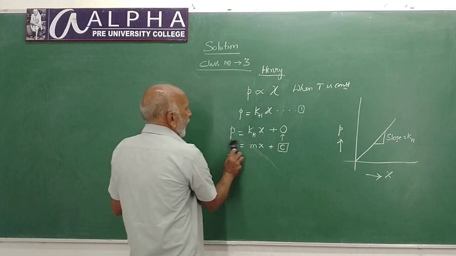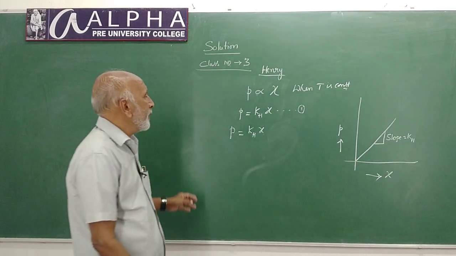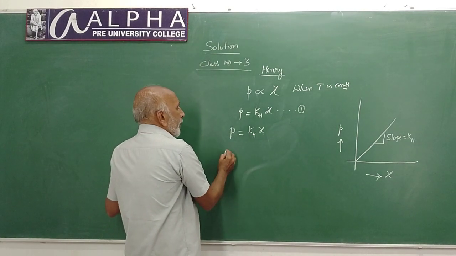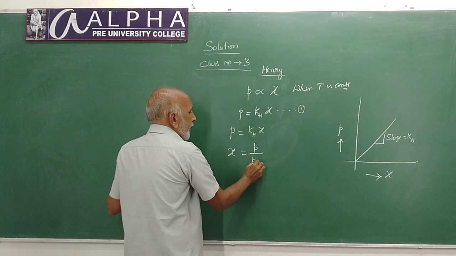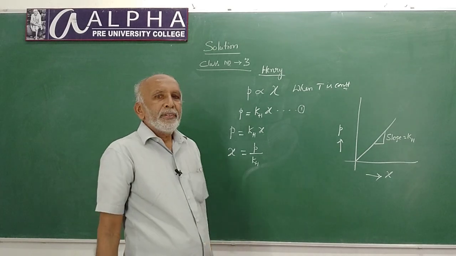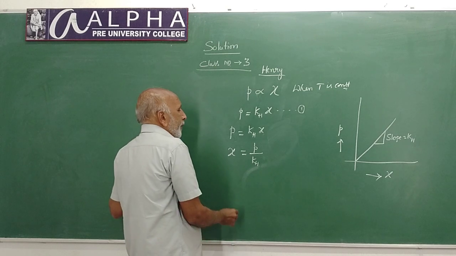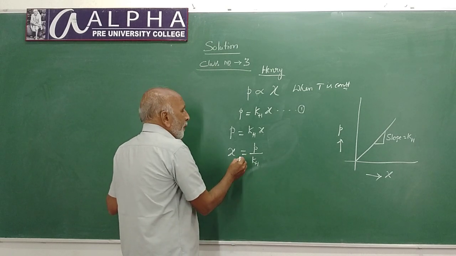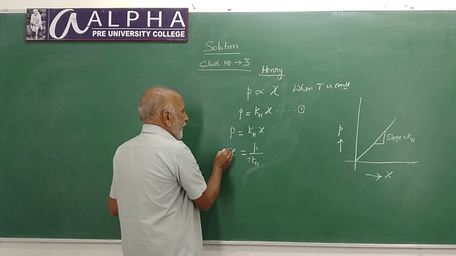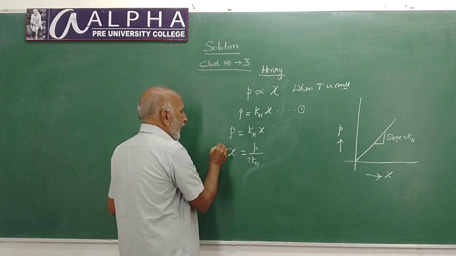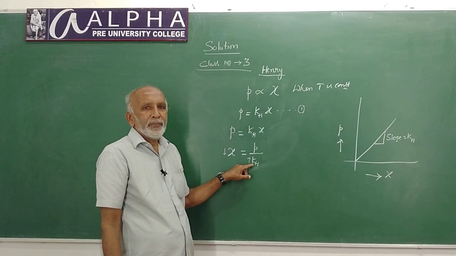Next point is, again consider the expression P is equal to KH into chi, or chi is equal to P by KH. At a fixed pressure, if the KH value for a gas is higher, then chi for the gas is lower, because KH is in the denominator.